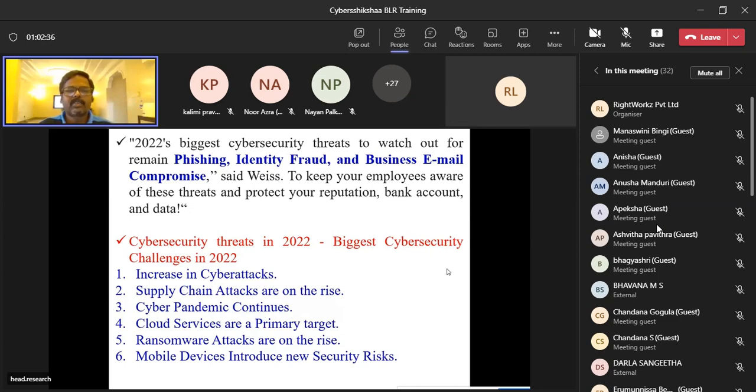Cyber security challenges of 2022: increase in cyber attacks, supply chain attacks are on the rise, the cyber pandemic continues, cloud services are a primary target, ransomware attacks are on the rise, mobile devices introduce new security risks. These are the 6 cyber security challenges.